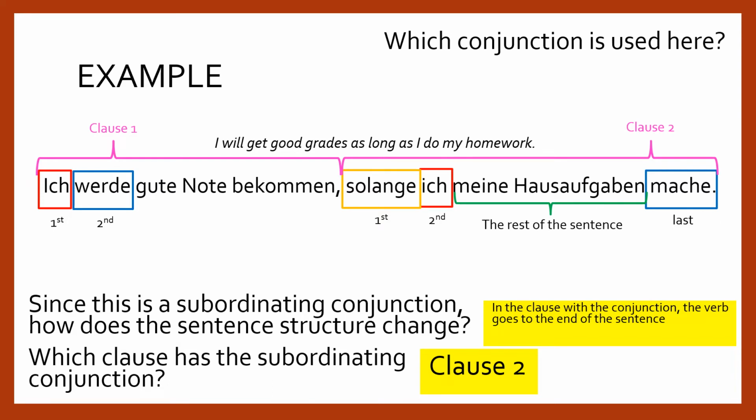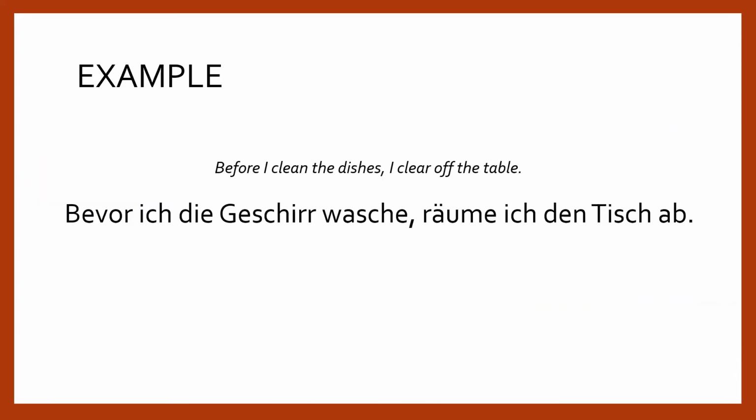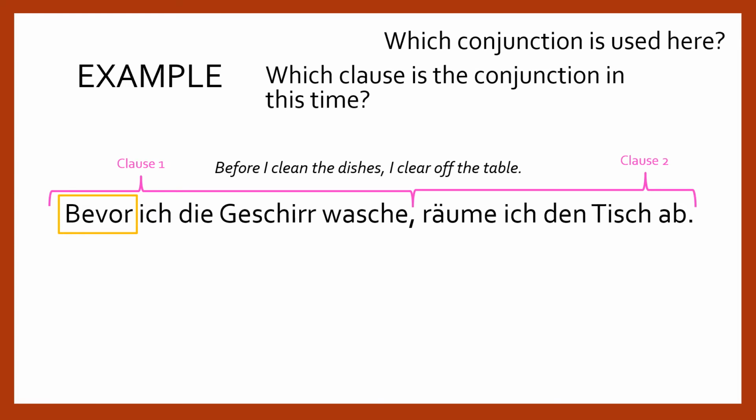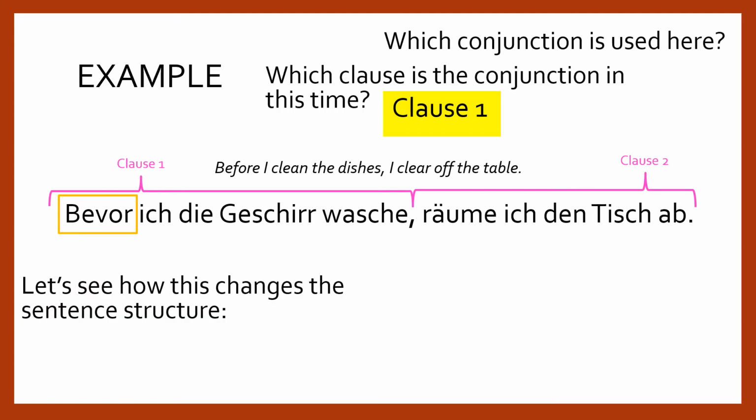Okay, let's look at another example. So, bevor ich die Geschirr wasche, räume ich den Tisch ab. So which conjunction is used in this case? Here we have before. Which clause is the conjunction in this time? Clause 1. So let's see how this changes the sentence structure when we have that conjunction in that first clause.